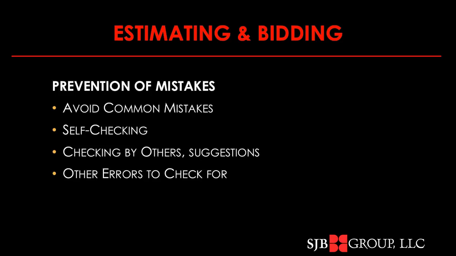You'll need to find someone that's familiar with the type of work to look at the estimate to see if it looks right. You'll want to photocopy each sheet after each check and note the date and time of the check. And as you get to the end of the process, you'll want to check your estimate sheets against earlier photocopy sheets. Just confirm that your papers are remaining in good order.